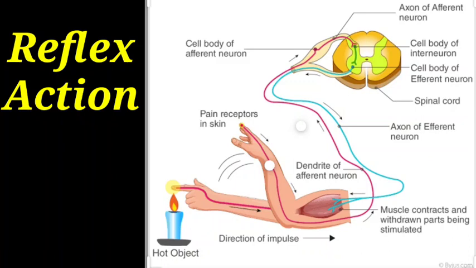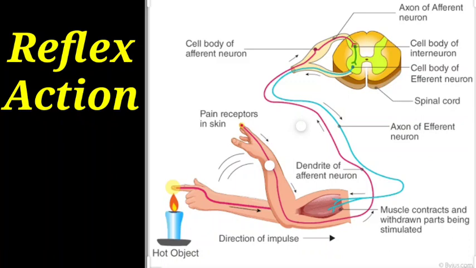In such a situation, proper control and coordination is achieved even without intervention of the brain, means here the brain is not needed. Without that, this action can take place. In this action in front of you, you can see what is happening.